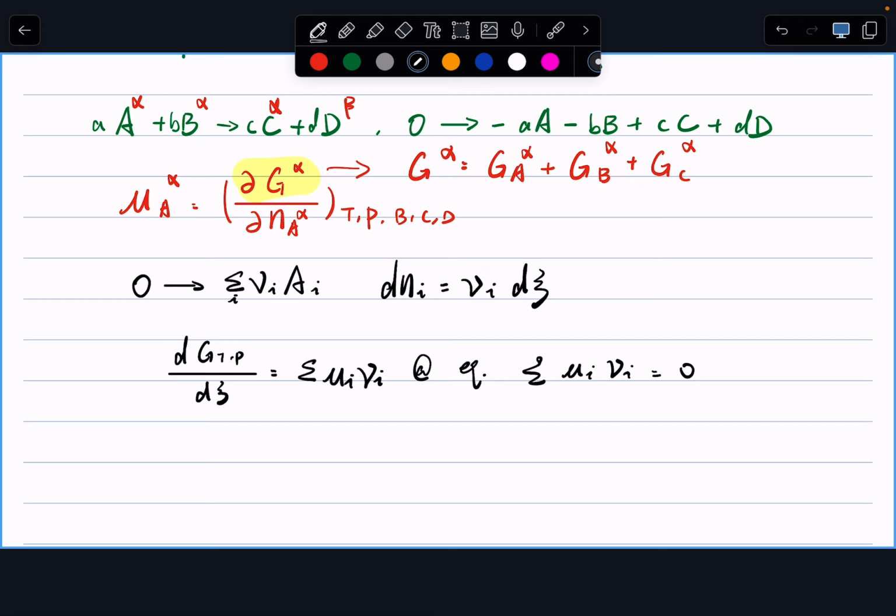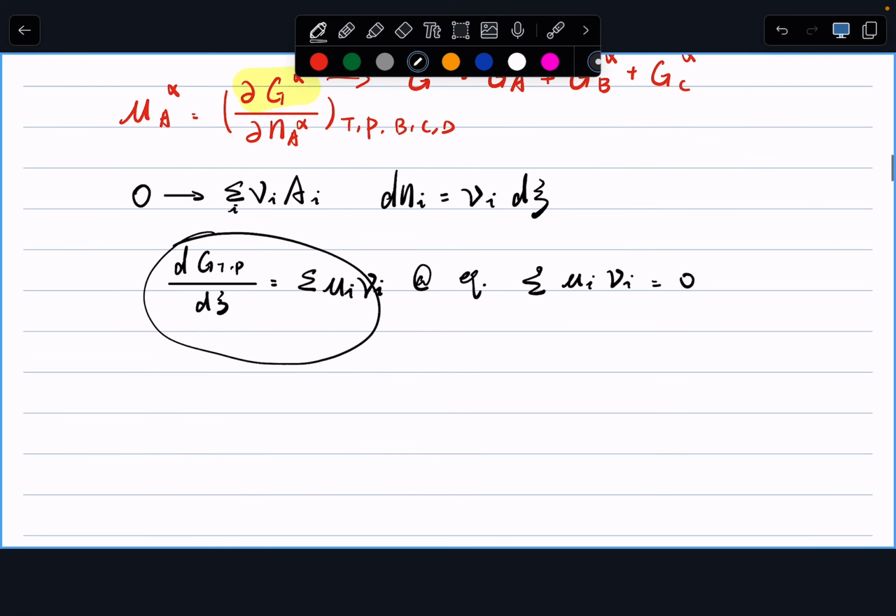Now, what else do we know from here? If we move the terms around, we get dG at constant T, P equals the sum of the chemical potential times the stoichiometric coefficient times the infinitesimal change of the extent of reaction, d xi.